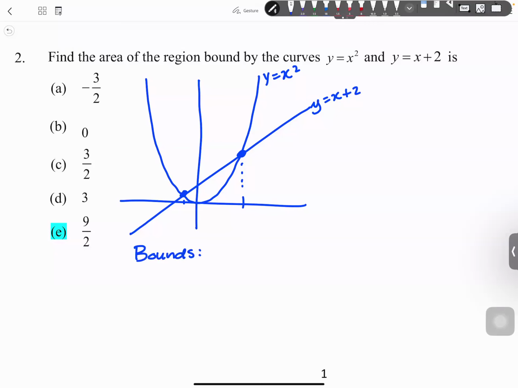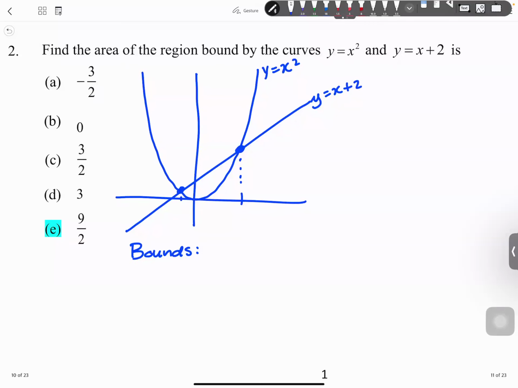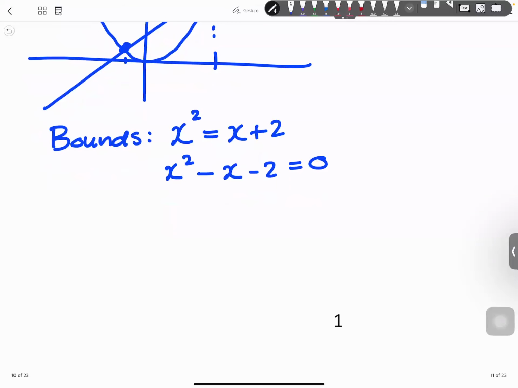And I'm going to do that by setting these two functions equal to each other. So where is x squared equal to x plus 2? Well, I'm going to move everything over to the left-hand side of my equation. X squared minus x minus 2 is equal to 0. Because that's going to allow me to solve. This is a quadratic equation that will factor very nicely into x plus 1, x minus 2.